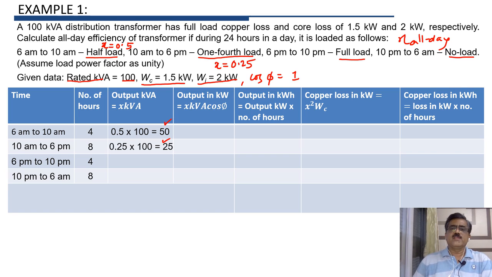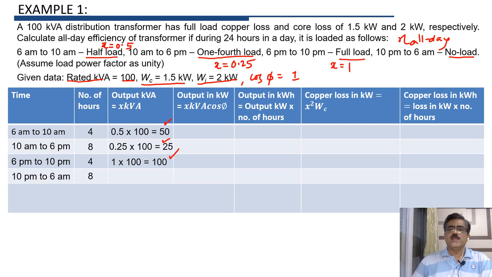Now in the next slot, 6 pm to 10 pm, there is full load on the transformer. So percentage loading X is equal to 1, and output kVA is 1 into 100, that is 100 kVA, because the transformer is at full load.